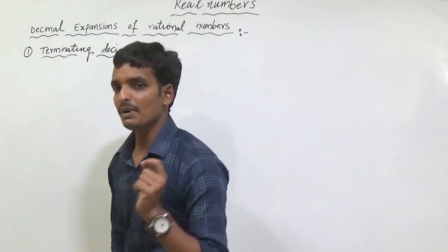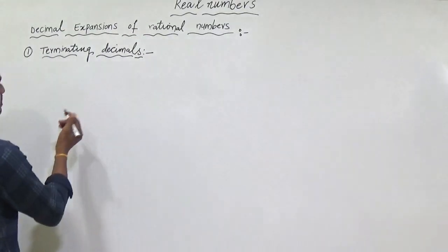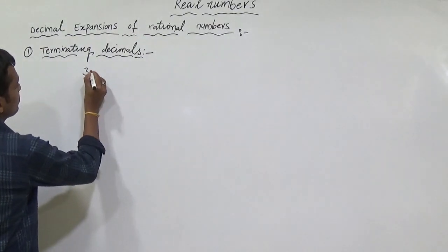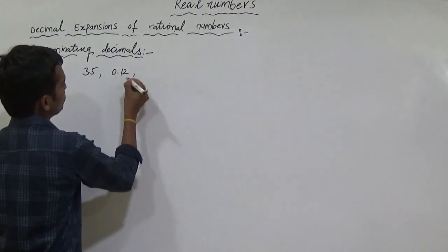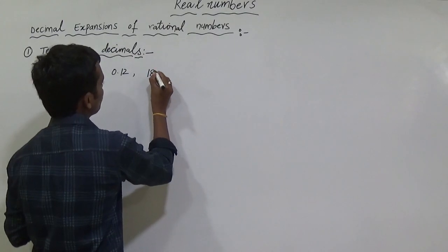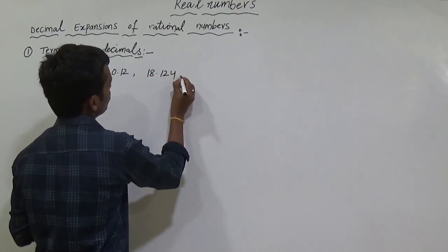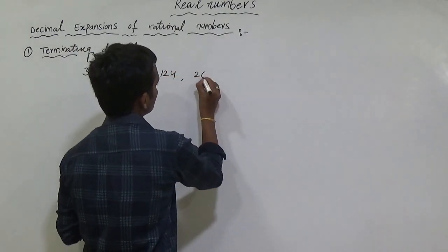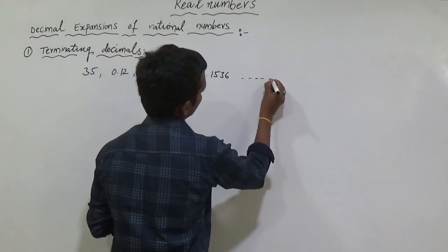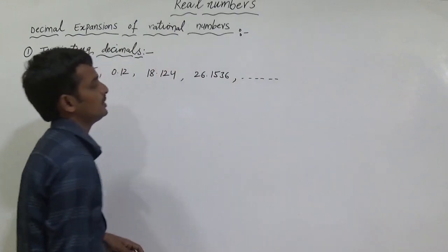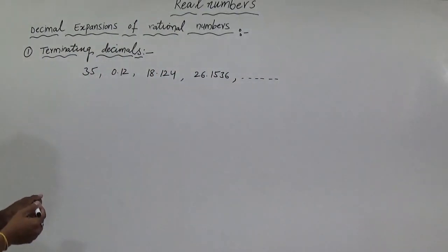In the decimal expansion, now I am writing some examples here: 3.5, 0.12, 18.124, 26.1536, and so on. I wrote 4 examples on the board.